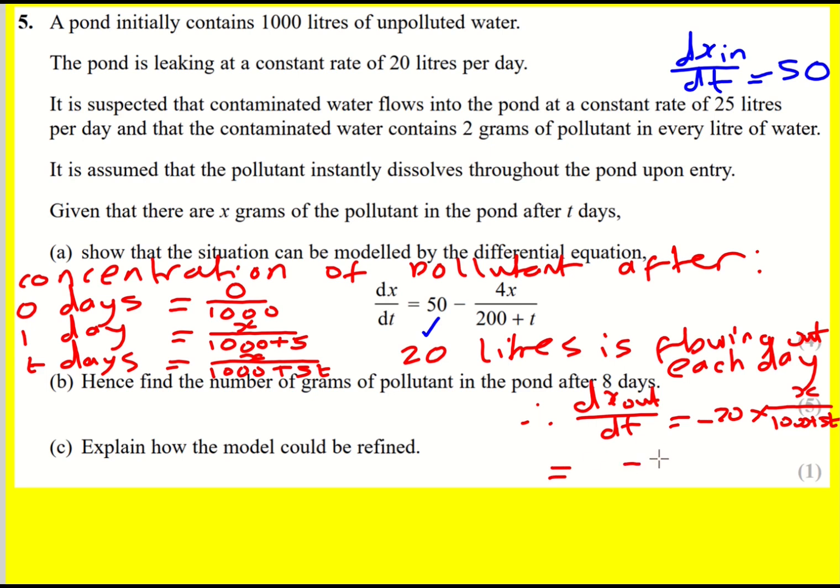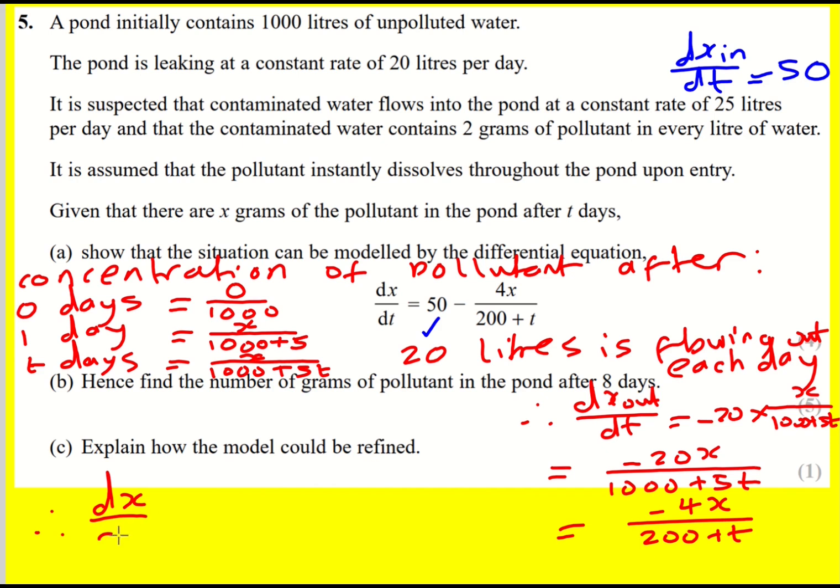That can then be written as minus 20x over 1,000 plus 5t. And if I divide top and bottom through by 5, we'll get minus 4x over 200 plus t, which is what we have over there. So therefore, dx by dt is going to be the sum of those together, 50 minus 4x over 200 plus t.